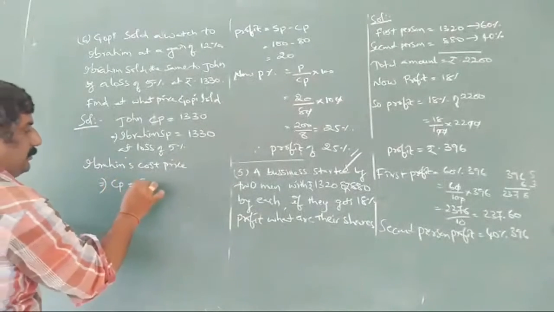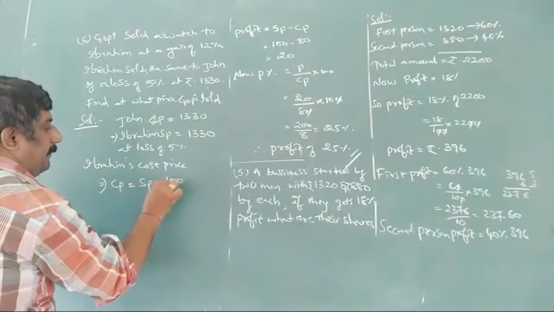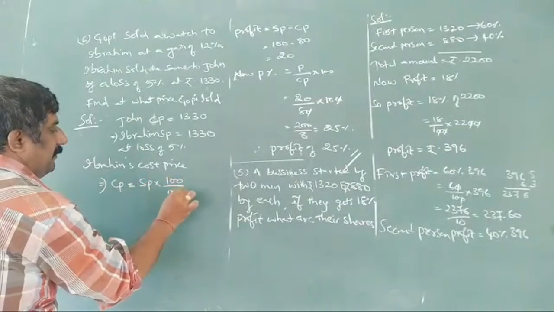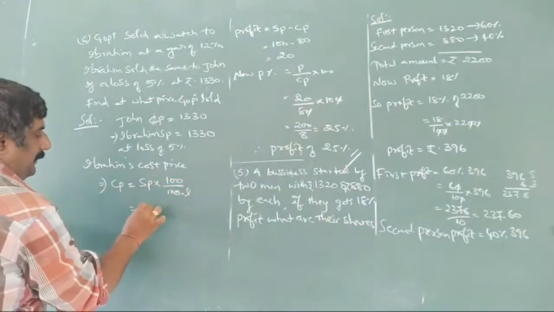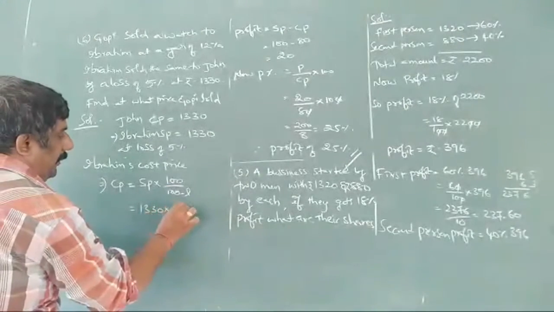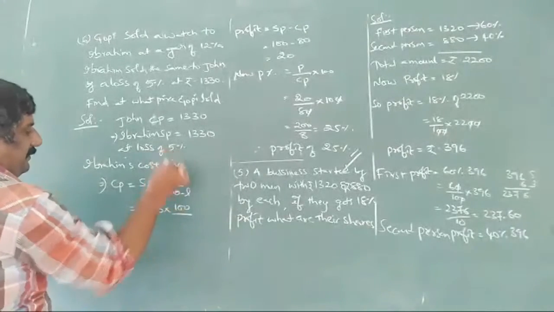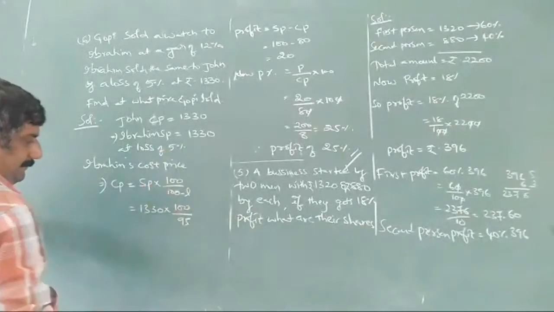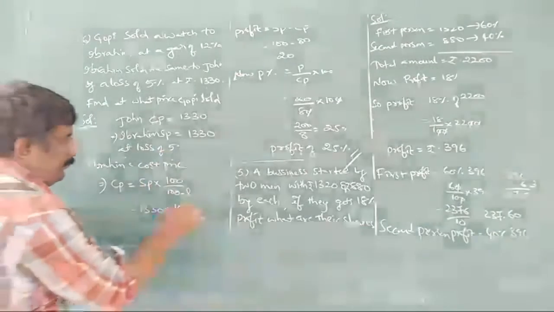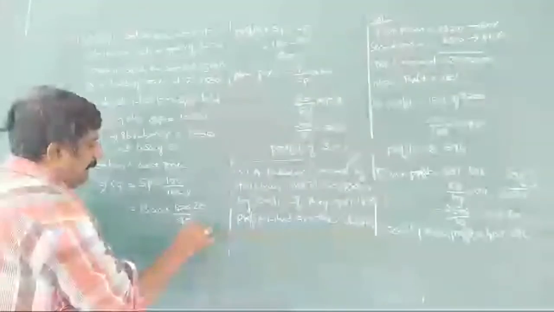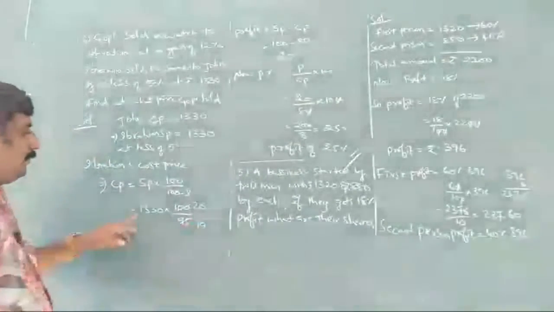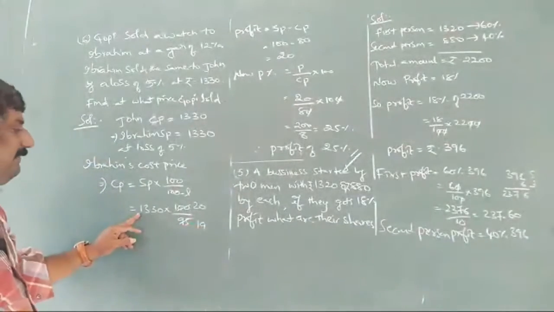CP is equal to SP into 100 by 100 minus L. So 1330 into 100 by 95, since loss is 5%. How many times will it go? Now just see, 133 we have here.